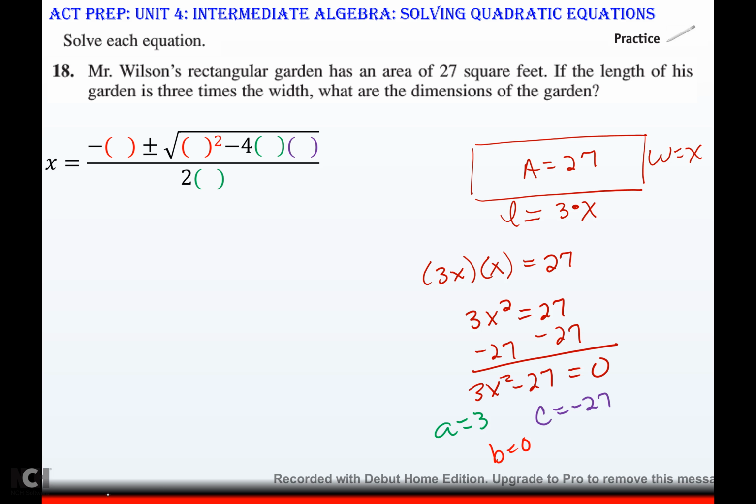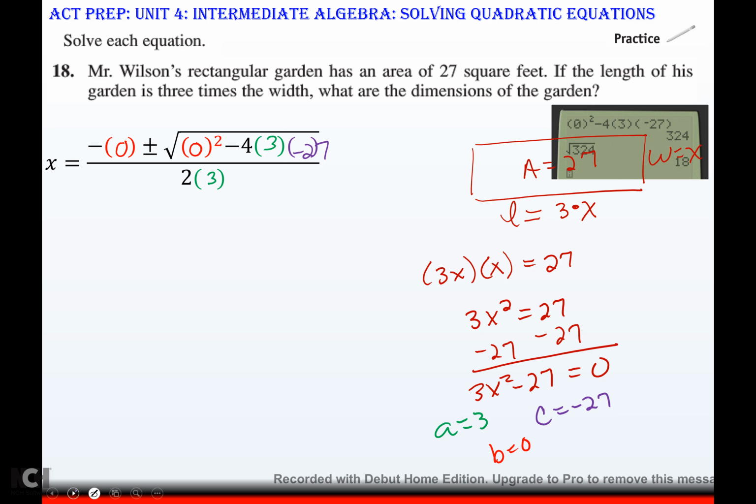So if I plug in my b, which is 0 here and here, my a is 3 here and here, and my c is negative 27. If I type just what's under the radical, I get 324.